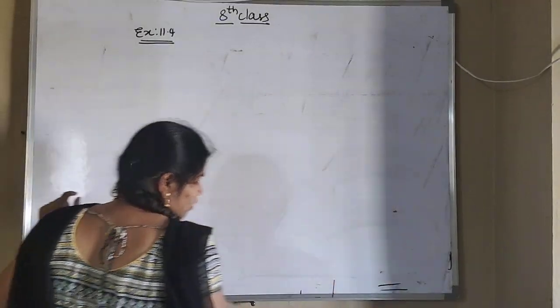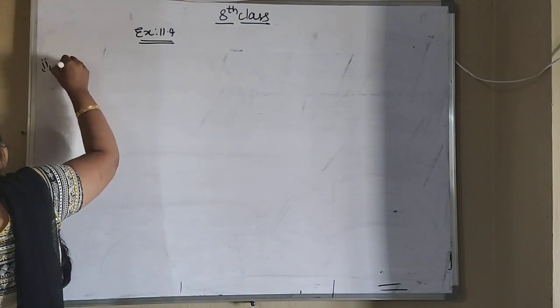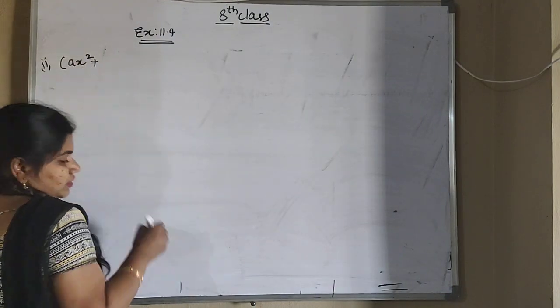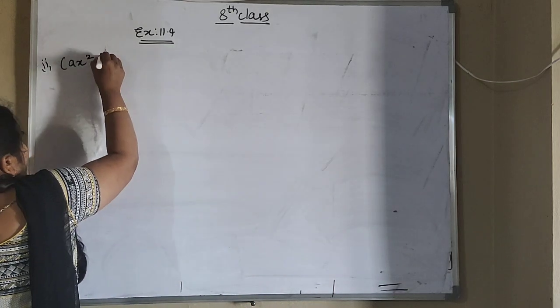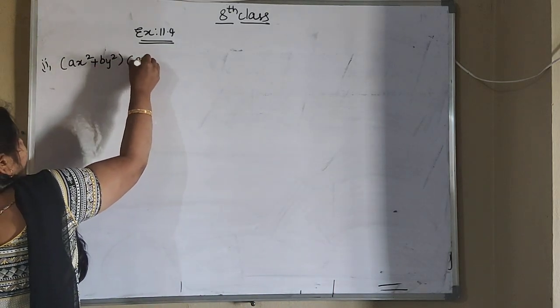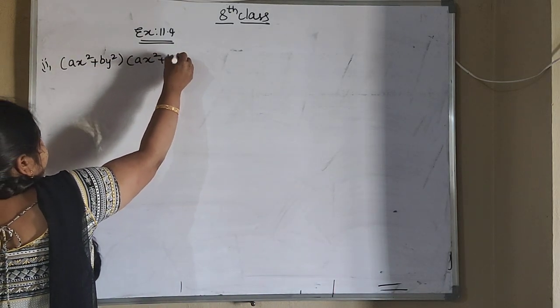So what is the second one? The second one they have given as ax square plus by square into ax square plus by square.